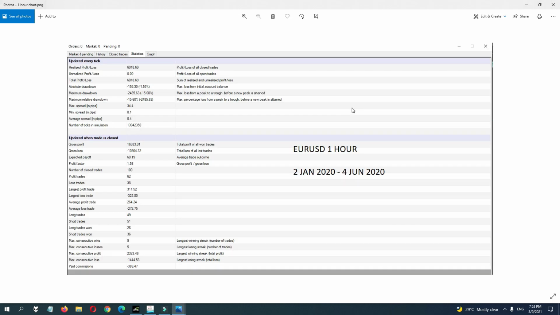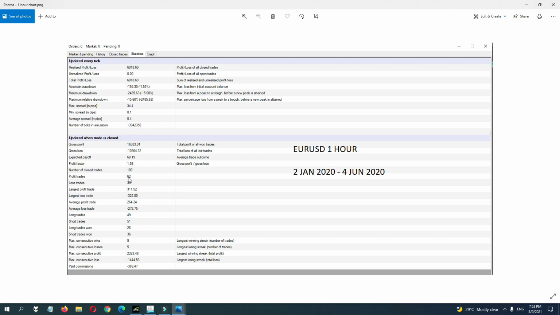Here is the result of 100 tests. It's the EUR/USD 1 hour chart from 2 January until 4 June. In 100 trades we make 6,000, so it's a 60% gain on the account, and that's very good.